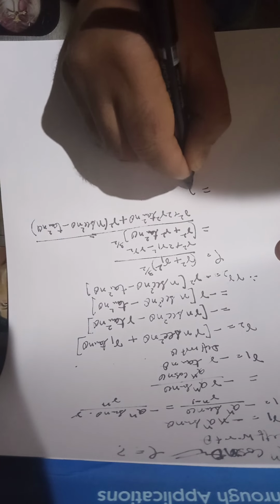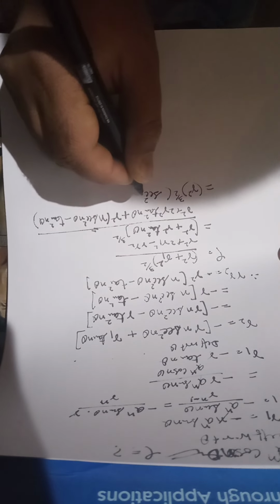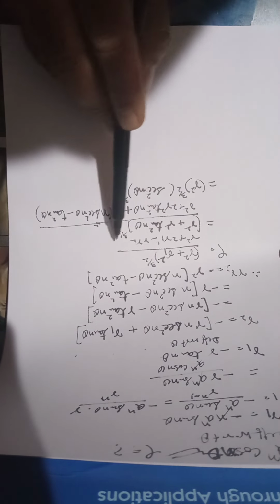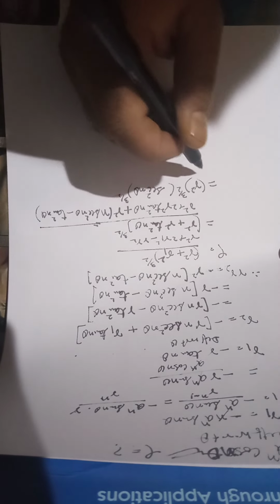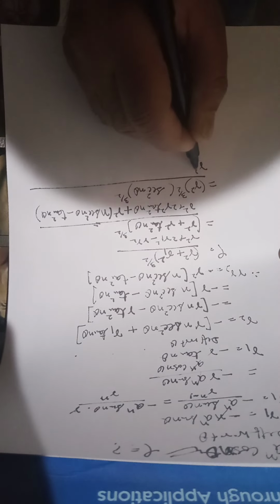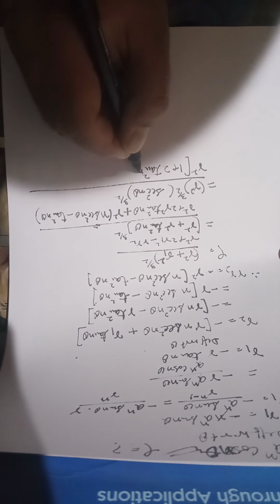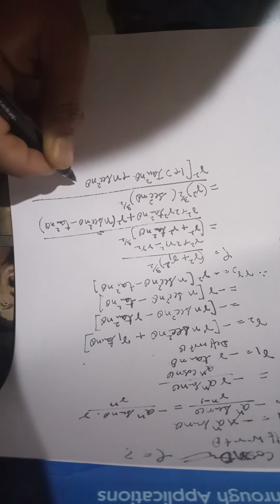We have nothing to do now. This is r square raised power 3 by 2. What remains inside is 1 plus tan square, which is secant square, secant square n theta raised power 3 by 2. r square out, r square raised power 3 by 2. Then remains 1 plus tan square, which is sec square, divided by r square out everywhere: 1 plus 2 tan square n theta plus n sec square n theta minus tan square n theta.